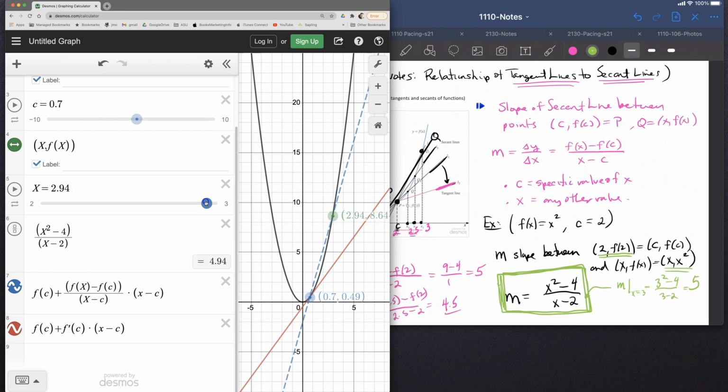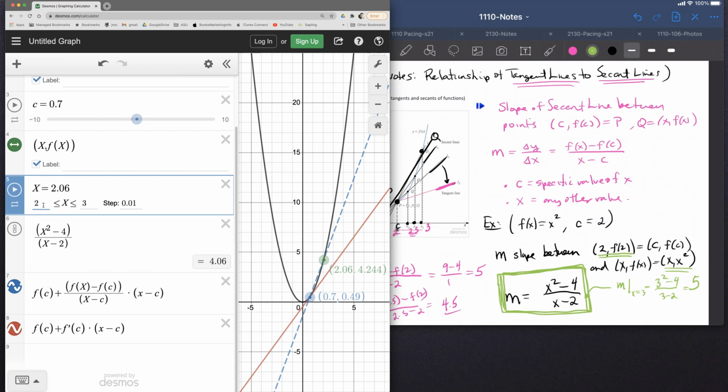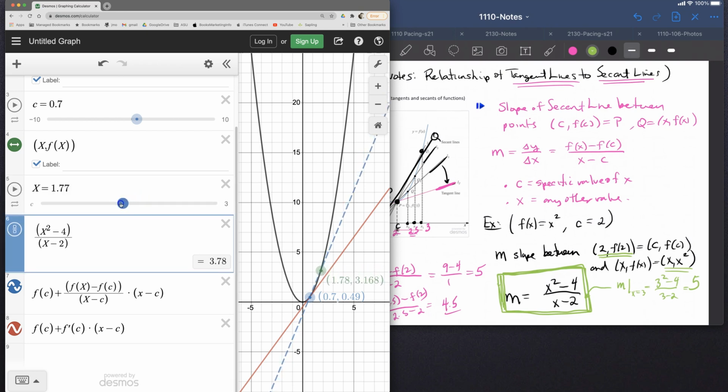But as we get closer and closer to our 0.7 value, the secant lines are getting closer to this thing called the tangent line. The question that we need to address in the next class is, what do the slopes of the secant lines, these numbers like 2.7, get closer and closer to?